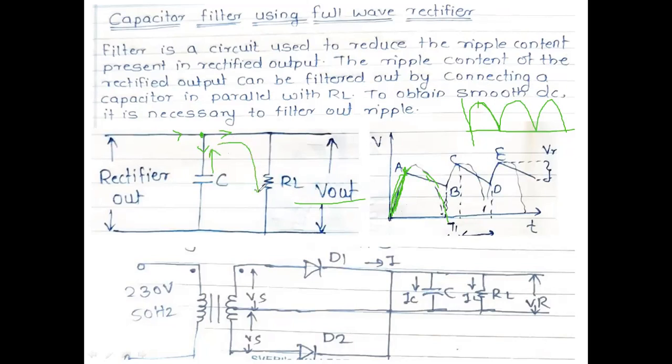During the increasing period, 0 to maximum, the capacitor takes the input and charges. But when the output starts to decrease, it discharges. By discharging, the capacitor provides sufficient output across the load.